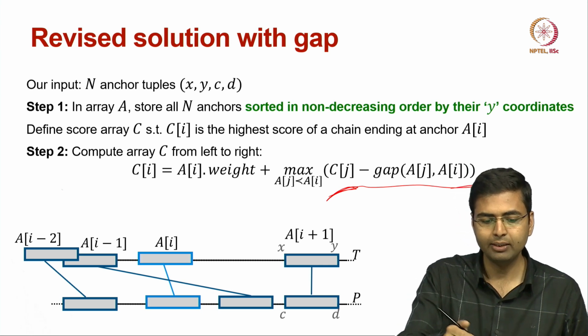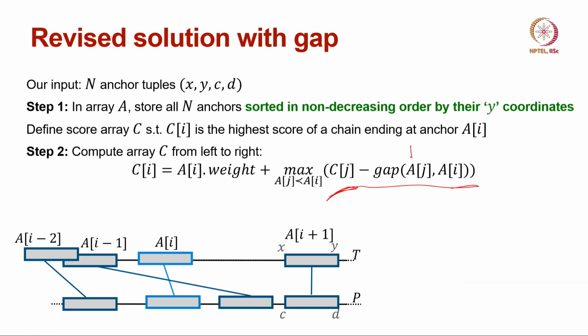So this time we would consider the gap cost between anchor Aj and anchor Ai, and we would subtract that from score Cj, right, because there may be an anchor which has a very high score, but if the corresponding gap cost is too high, maybe we do not want that. In this case we may consider a lower scoring preceding anchor which has maybe 0 gap cost or a small gap cost.